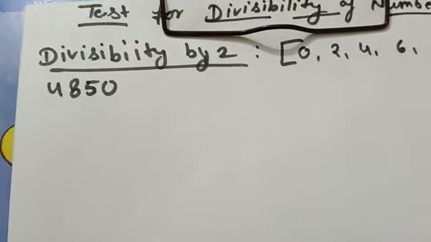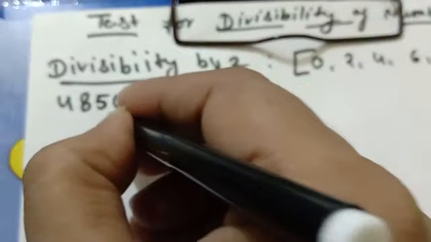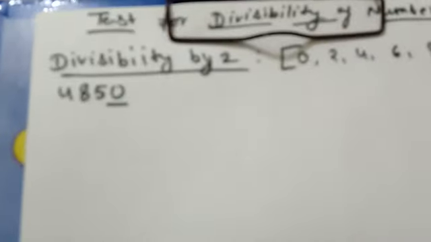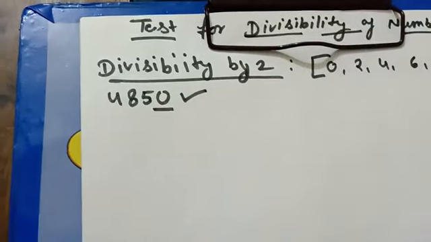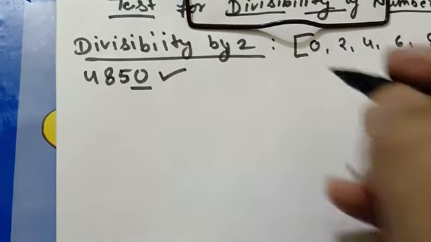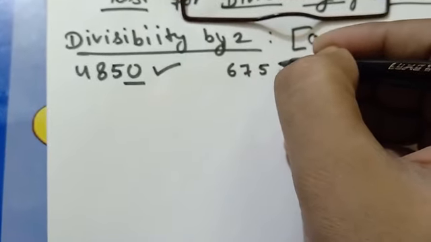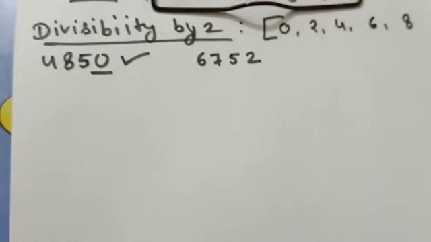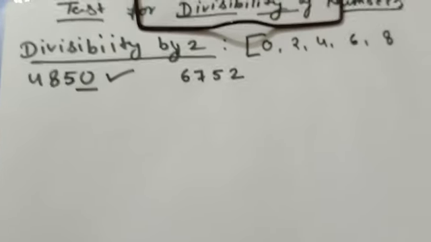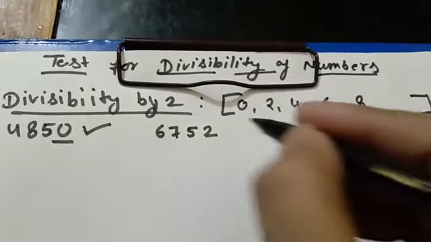like this, I have written this number. See the unit place. Unit place is 0. If the unit place is 0, this number is divisible by 2. Taking another number, you can see 6752. Check the unit place.